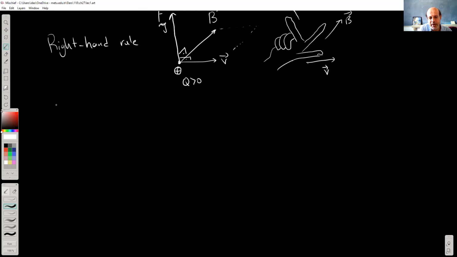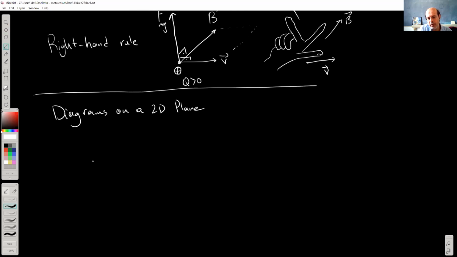So again, this is a reminder. When I draw diagrams on a 2D plane, I'm going to express a vector which is pointing out of the screen, towards us, by this notation.